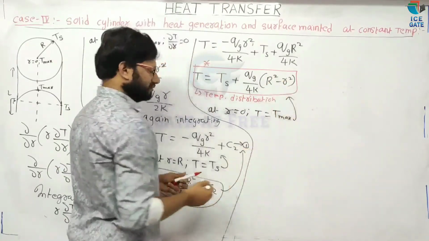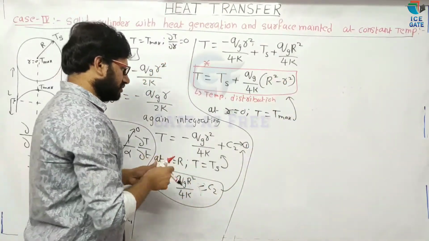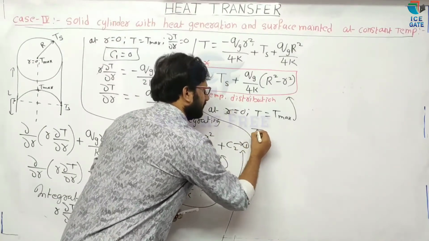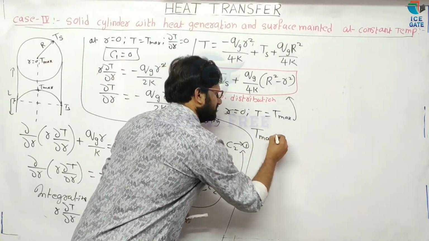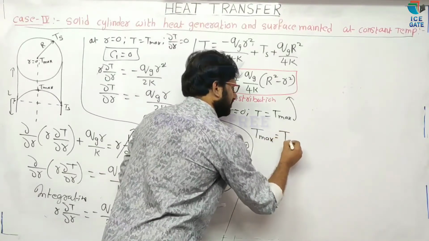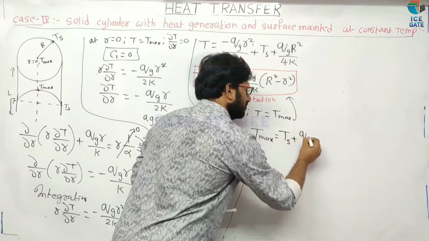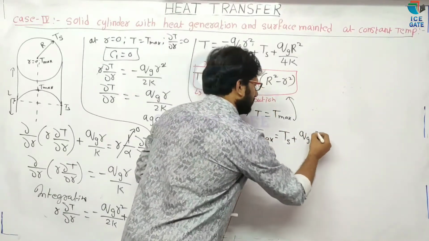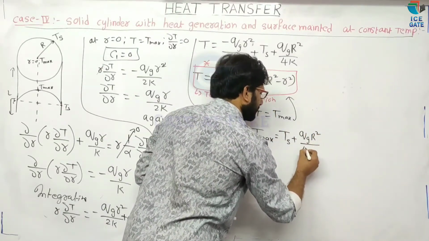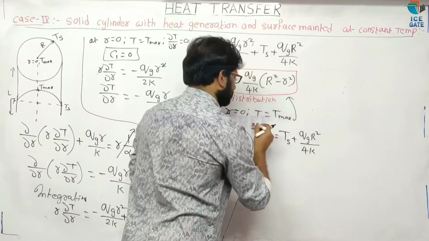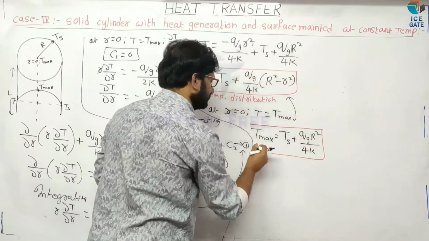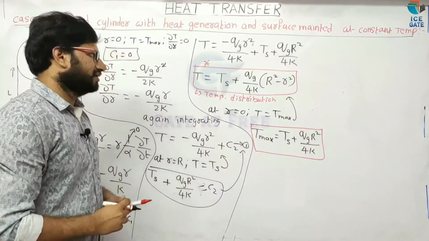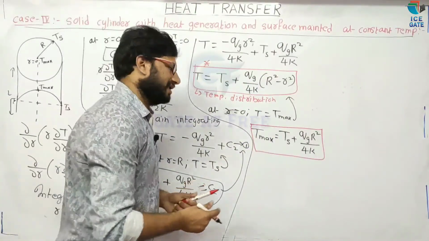Now substitute in temperature distribution function, we get in place of T, T max is equal to Ts plus qg, small r is equal to 0, now capital R square divided by 4k. Okay, this is also very, very important. Okay, hope you understood.